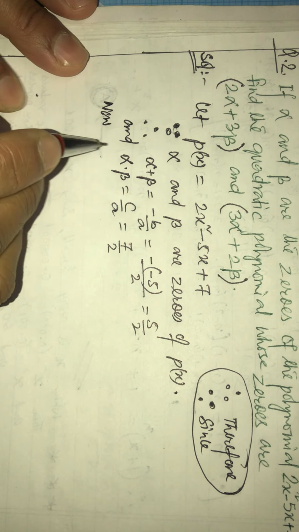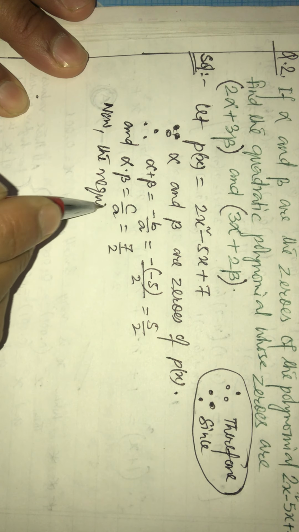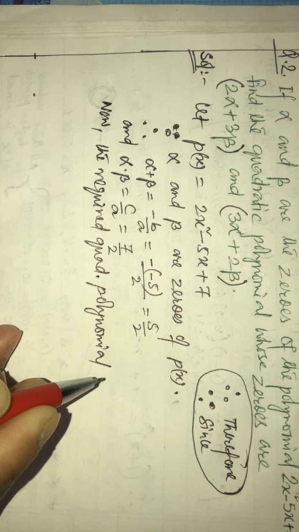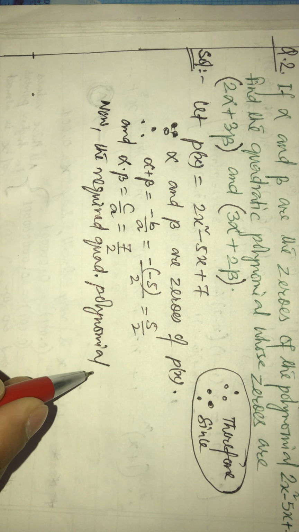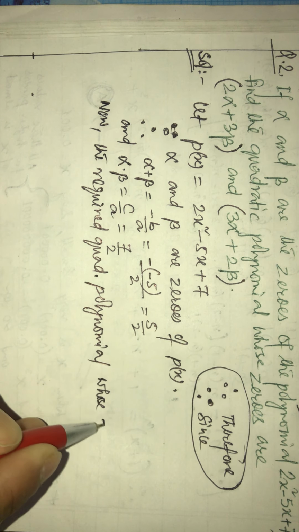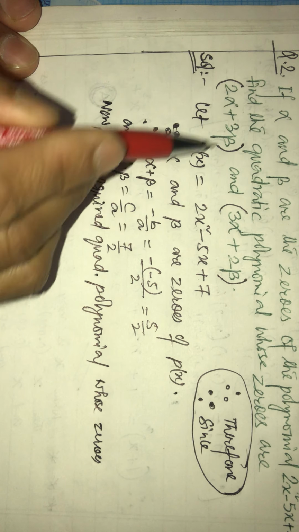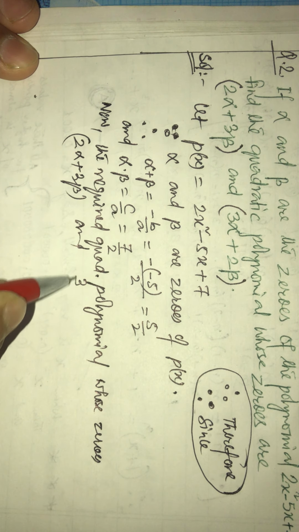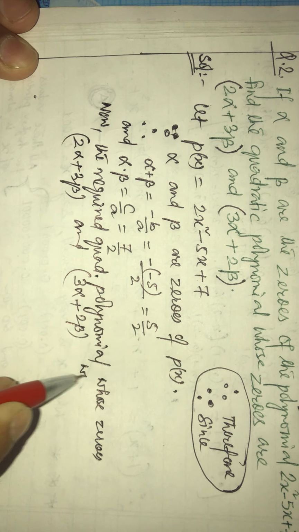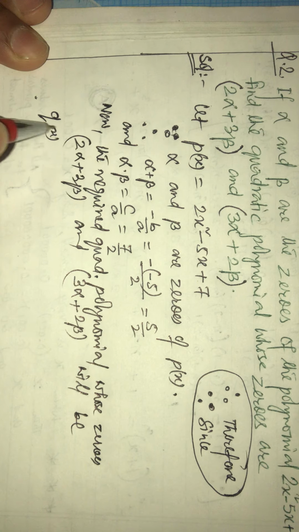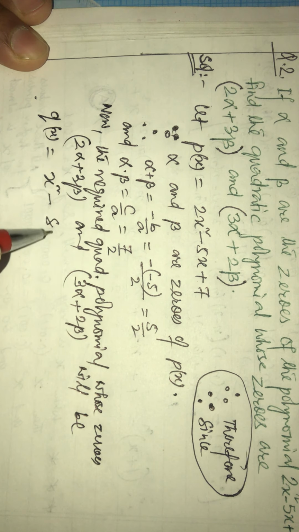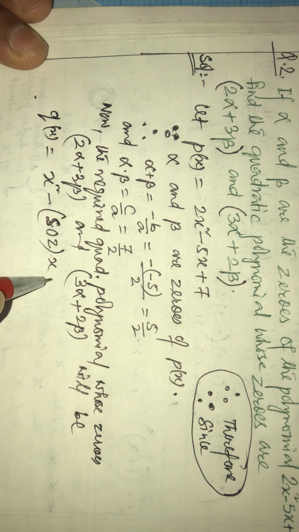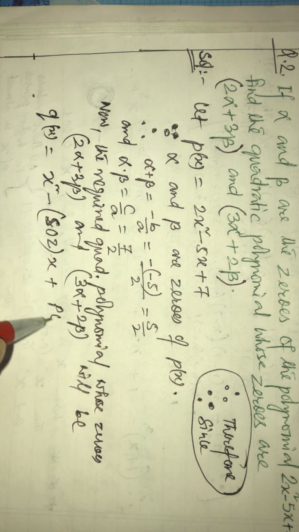Now the required quadratic polynomial whose zeros are these, 2 alpha plus 3 beta and 3 alpha plus 2 beta, will be, so let me write again, q of x equals x square minus sum of zeros times x plus product of zeros.